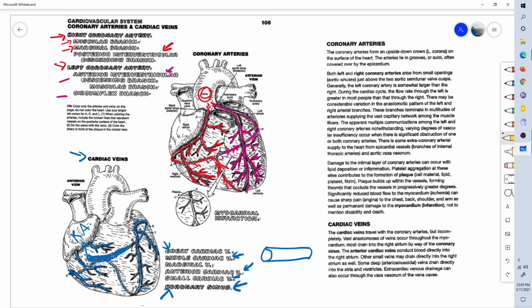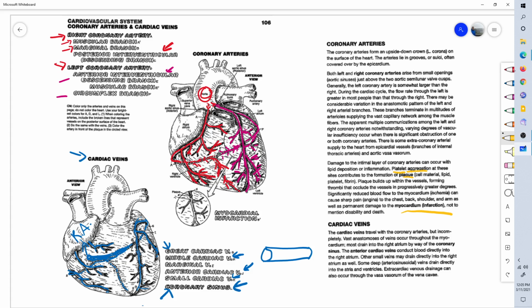Another thing to note here is that you've heard of heart attacks and myocardial infarctions, and they are due to a plaque buildup. A plaque buildup due to platelet or clotting, aggregation of clotting factors.